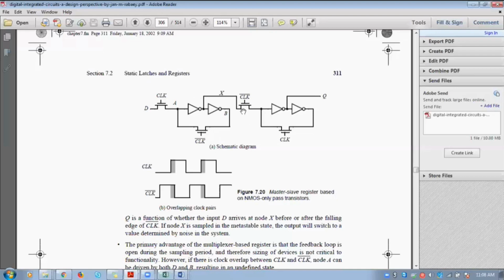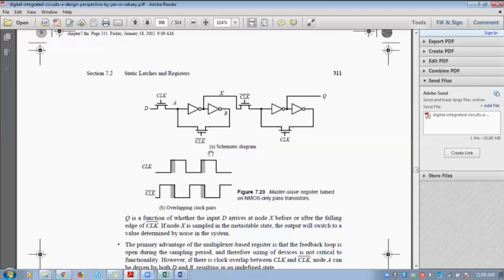As well as here also I am applying clock bar equal to 1, clock equal to 1. Here also both the transistors will be in on condition. So both the stages of master and slave will be in transparent mode. As this transistor and this transistor are on, D will pass on to the output directly without any hold mode operation. So this is the problem associated with the overlapping clock.